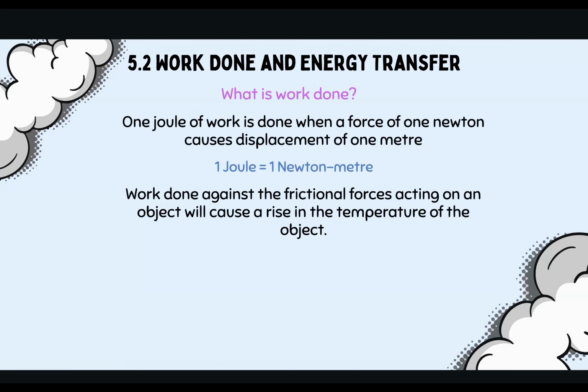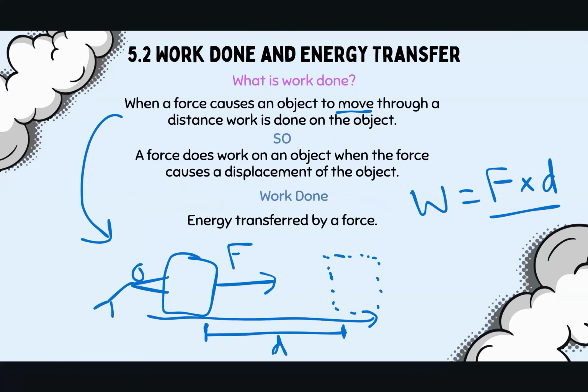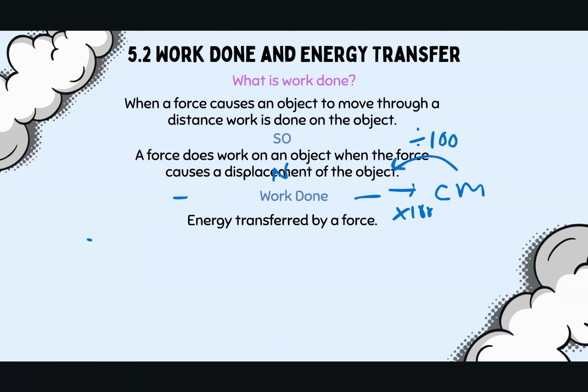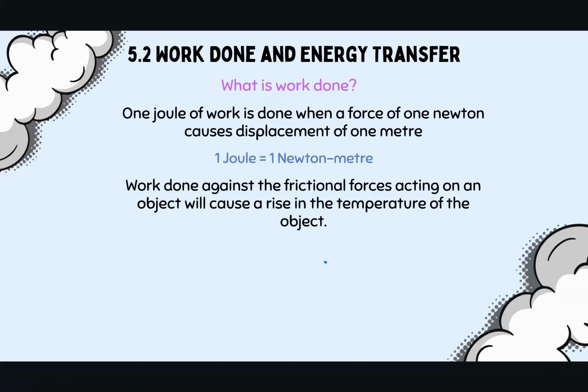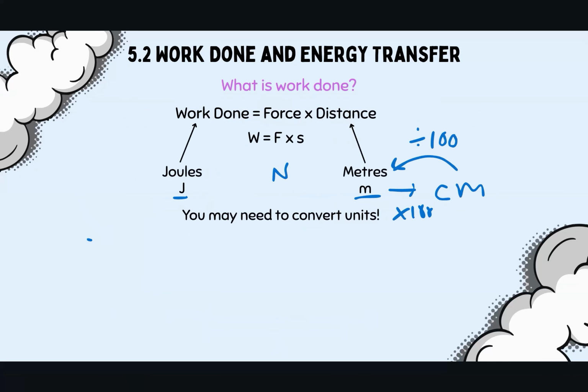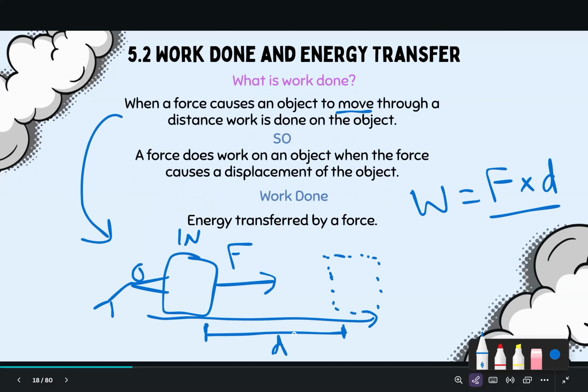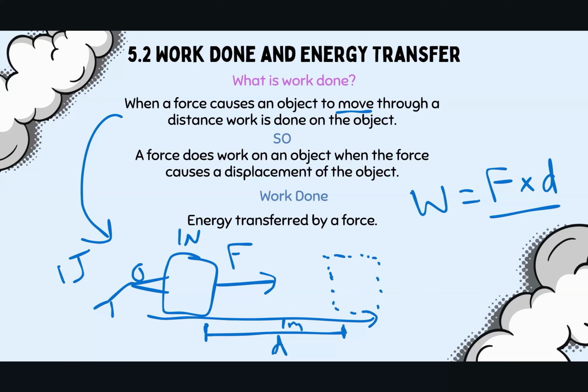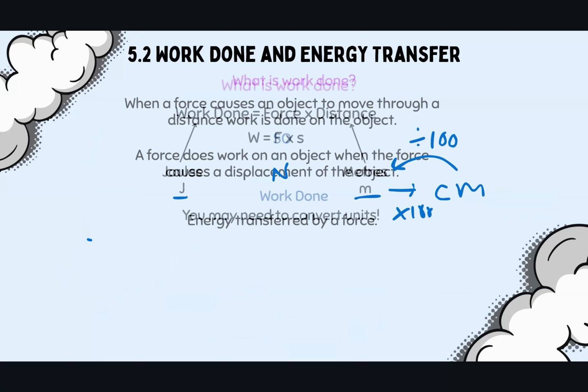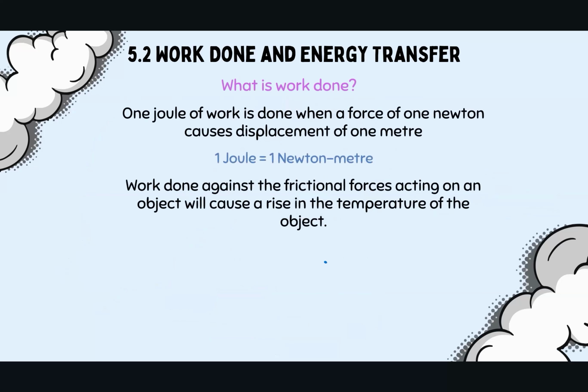So if we go back to this example here of the image I drew, let's say this person puts a force of 1 Newton and it makes it move by 1 meter here. We would say that that person has exerted himself with 1 joule of energy. So a joule is the same as a Newton meter.